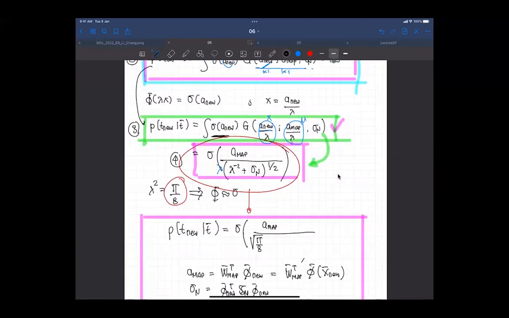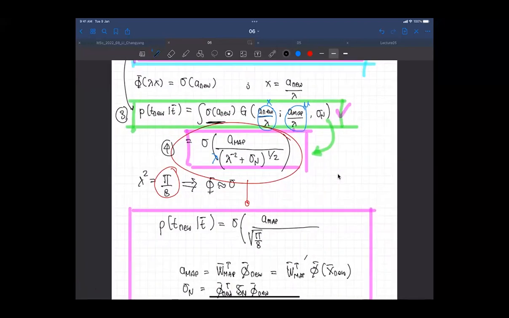What's wrong with equation number 3? We have lambda here. So in equation 3, I have to change dx. Sorry, I cannot get that variable.